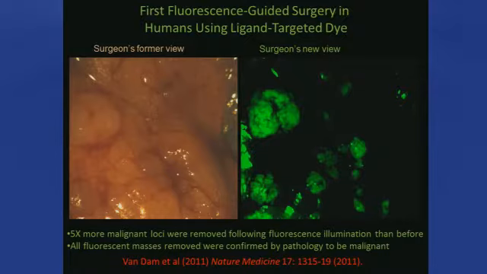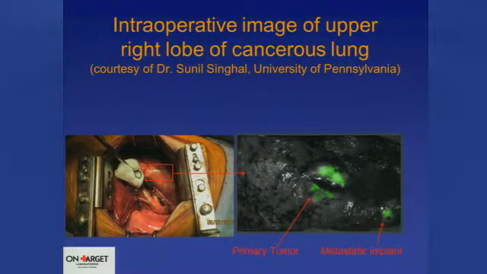Because there's a lot of data now to demonstrate that more complete tumor resection in ovarian cancer has a very strong impact on survival, improves survival significantly, we believe that this strategy has a significant chance of improving patient survival, at least in this disease.